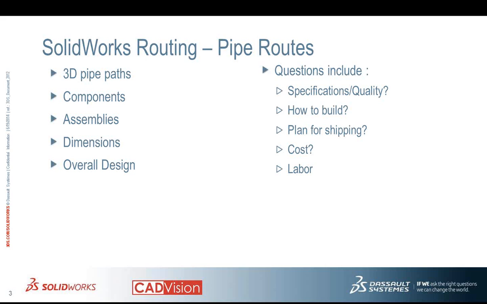And then you have dimensions as well, to add in dimensions, which is the starting point, the end point, and the overall design of the SolidWorks route. All these questions will be prompted where they ask you: what are the specifications? What is the quality of the pipe routes? How is it being built? How do we plan for the shipping? And what is the cost of creating this route, and perhaps some labor? We'll go through all the features, and that helps to answer all these questions.